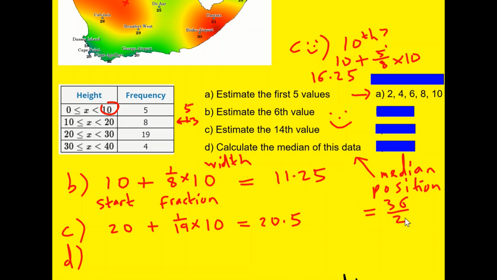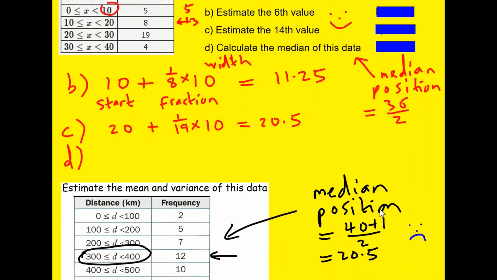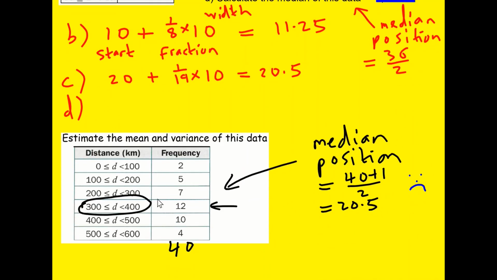Now, I need to say something about this. Previously, I made a mistake. I said that the median position of this lot of data was 40 plus 1, but that's wrong because it's a bit confusing. But when you have listed data, you do the plus 1 divided by 2. But when you have grouped frequency data, you don't worry about adding the 1.